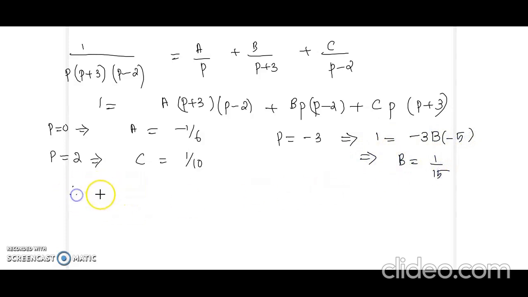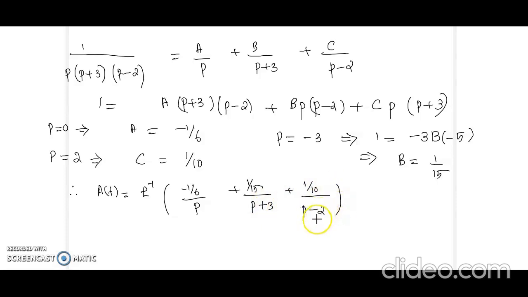So therefore a of t will be L inverse of minus 1 by 6 by p, plus 1 by 15 by p plus 3, plus 1 by 10 by p minus 2.